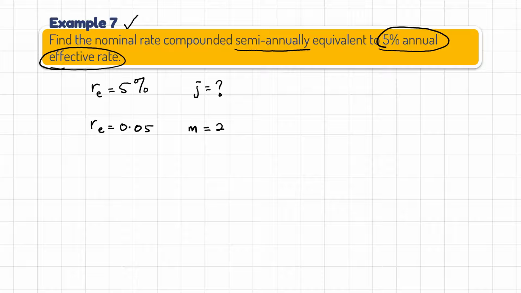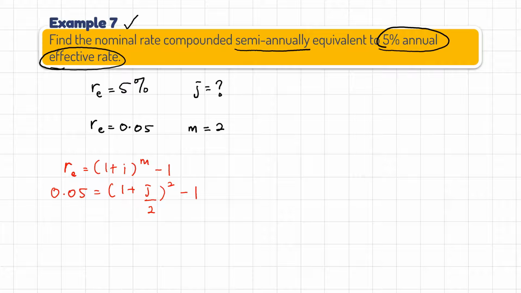Let's rewrite the formula for effective rate, where RE equals (1 plus j over m) to the power of m, minus 1. Our RE is 0.05, our m is 2.